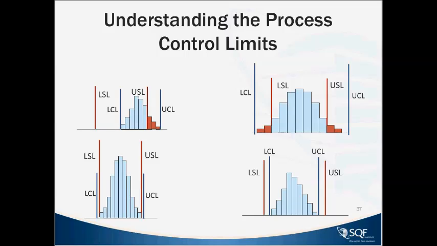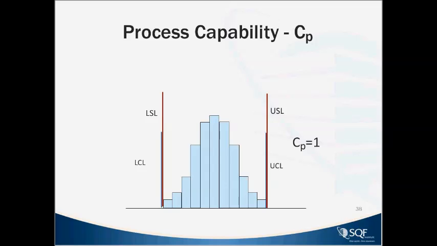So by applying control limits, you can see how they relate to the spec limits, and this becomes a very valuable tool for communicating. In a little bit, we're going to show you how to calculate values that align with this particular process. So let's move into that.